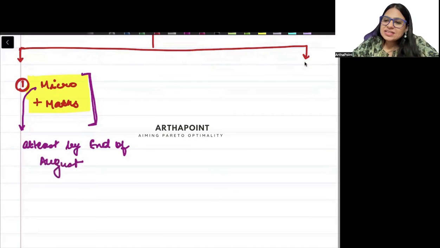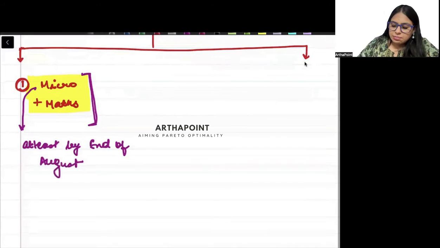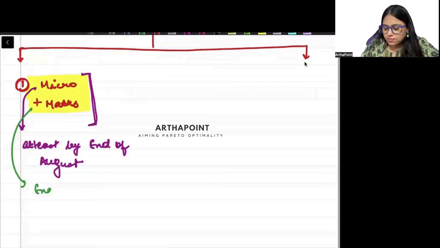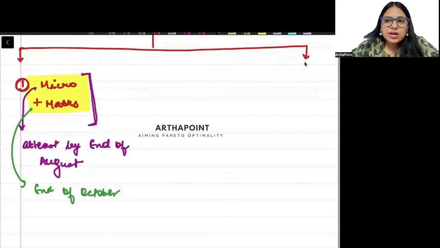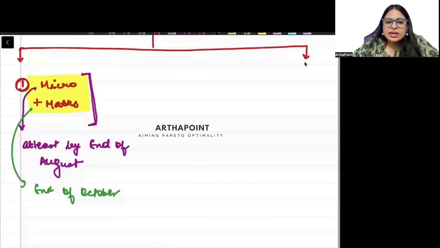Maths can be completed by the end of October, but micro should be completed by the end of August. Listen carefully to what my planning is. And if we go by that plan, we will be doing very well. I can tell you that. Okay, so this is what you begin with.